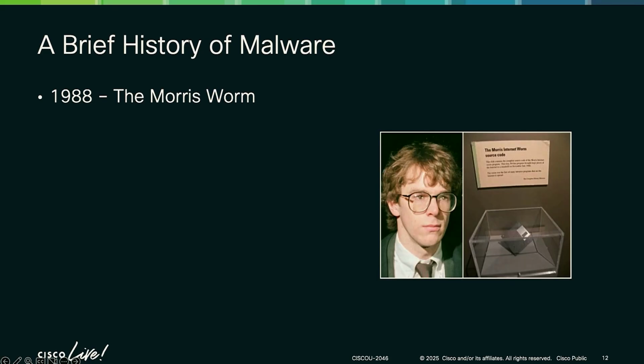Now, at the time, it spread to 6,000 computers, which in 1988 was actually a significant amount of computers. So it disrupted universities and military sites through this. It was really kind of the first worm that came out that was known publicly. And that kind of started this whole malware trend from there. So a pivotal moment, to say the least.